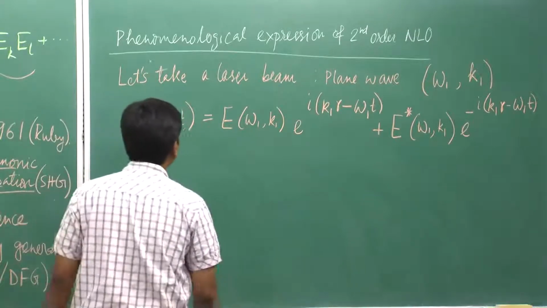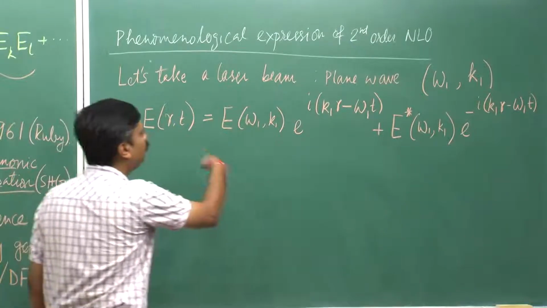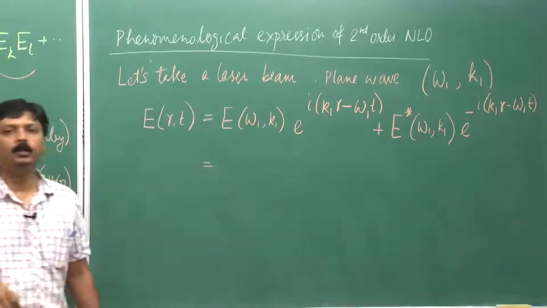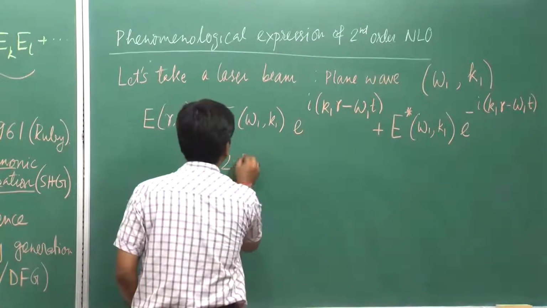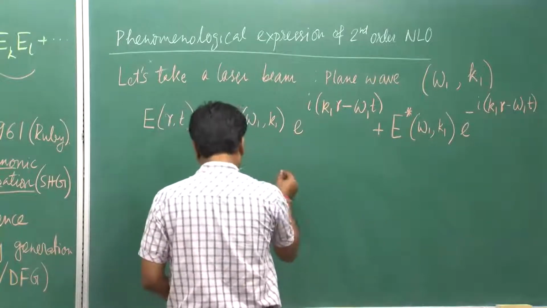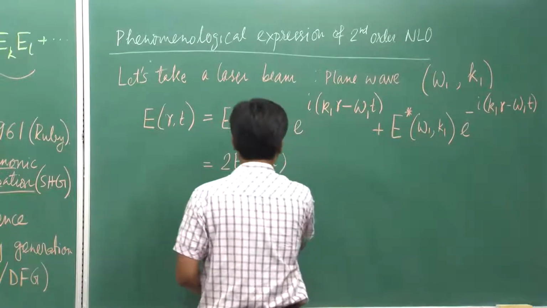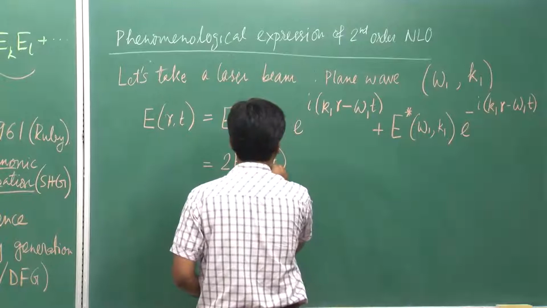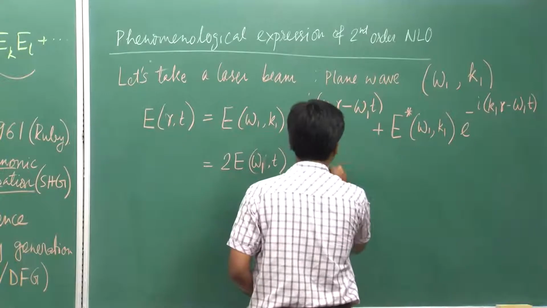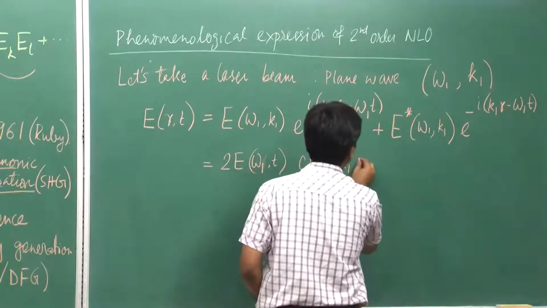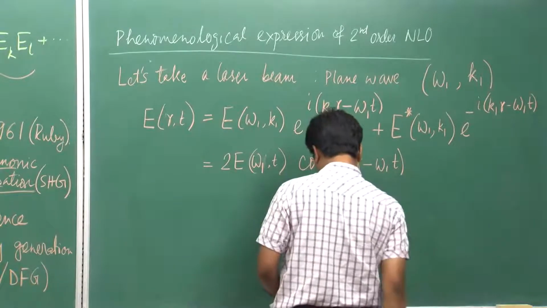Now, if I want to write this exponential terms in terms of cosine, we can easily do that, and I will just write the form. So, sorry, this is omega 1 t, and in terms of cosine it will be cosine of k1 r minus omega 1 t, correct.